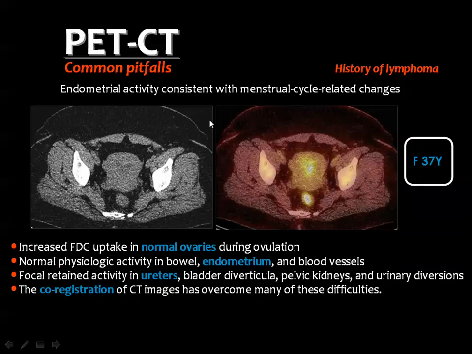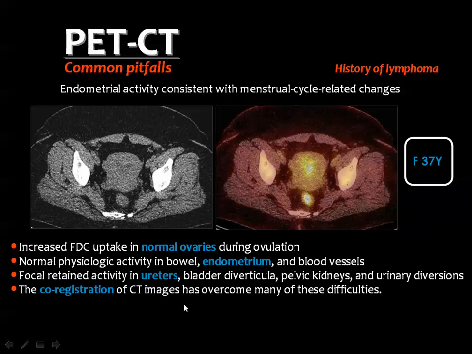Common pitfalls in the PET-CT for gynecologic evaluation are the normal increased metabolic activity in the ovaries, for example, during ovulation, in the endometrium, during menses, for example, and also the increased uptake in the ureters, urinary bladder, bladder diverticuli, and the urinary diversion conduits, because the isotope is excreted by urine.